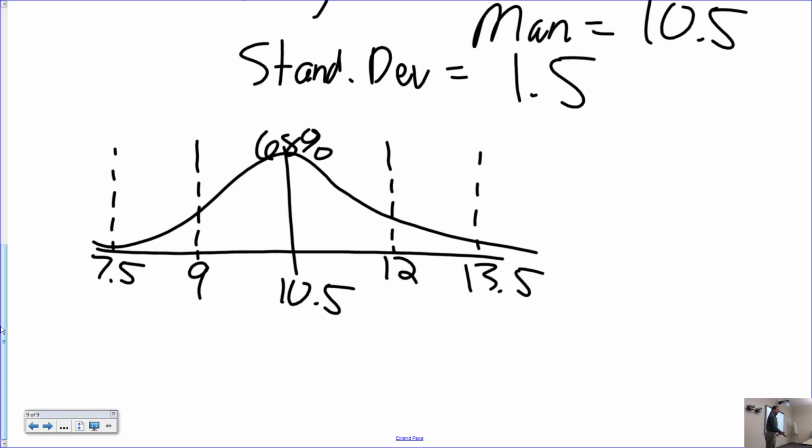What percentage of men have a shoe size between 7.5 and 13.5? 95% of all men. That's what normal means. Once you get the mean and the standard deviation, this graph is the same for every normal population, right? The numbers down along the bottom change based on the mean and standard deviation, but the percentages are all the same, okay?